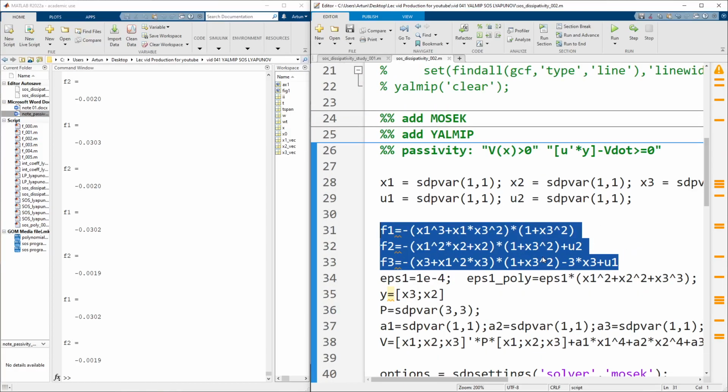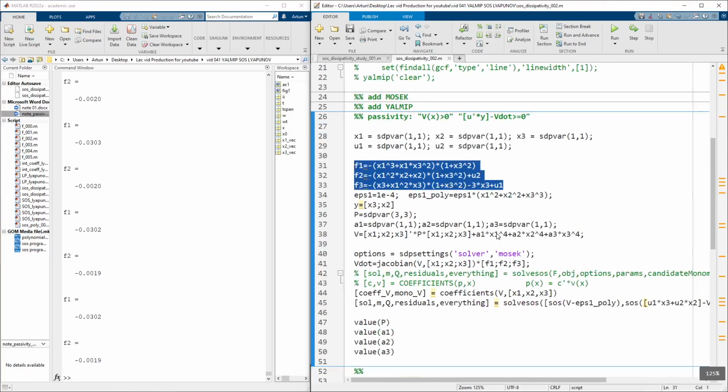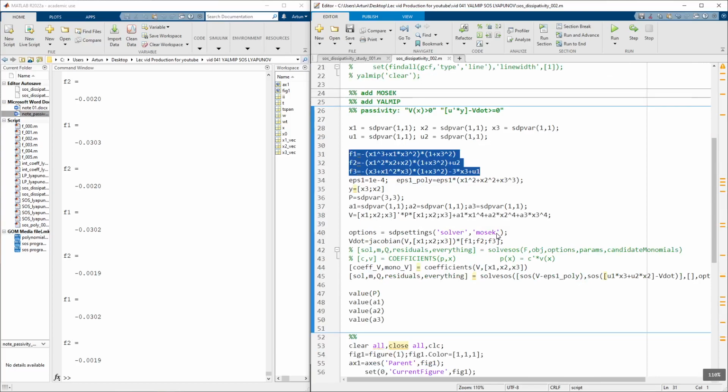We literally change nothing. And we get our outputs from the third state and the second state. And this is our system and this is our measurement function.